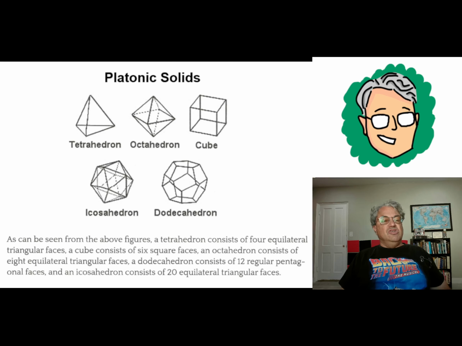I guess I'm sort of jumping the gun here. Maybe I should first tell you what these Platonic solids are. You've probably seen them before anyway, but I'm just going to go over them. The octahedron has eight triangular faces, six vertices and 12 edges. And a cube is its dual.